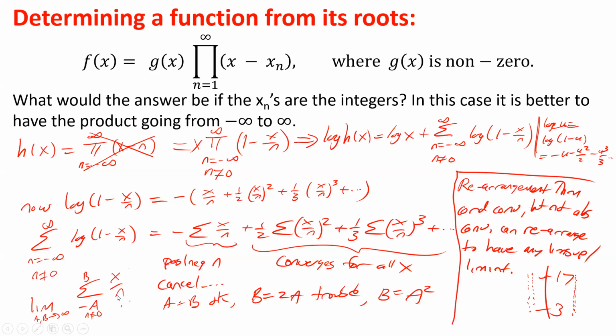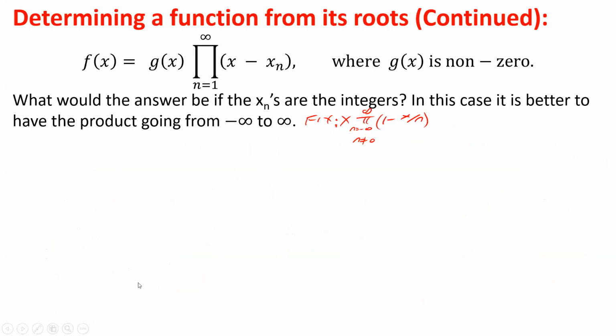We wanted the plus n and the minus n to cancel. So how might we redo this product? Maybe we explicitly multiply the plus n and the minus n as the same term. Yeah, so let's put them together. So n goes from 1 to infinity, 1 minus x over n, and then 1 plus x over n. Let's put them next to each other.